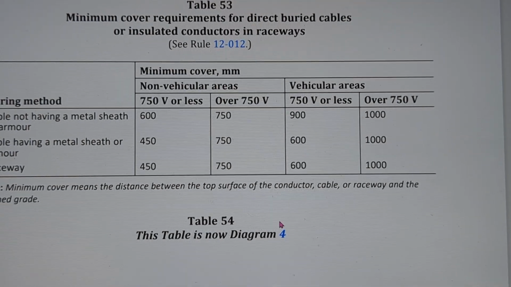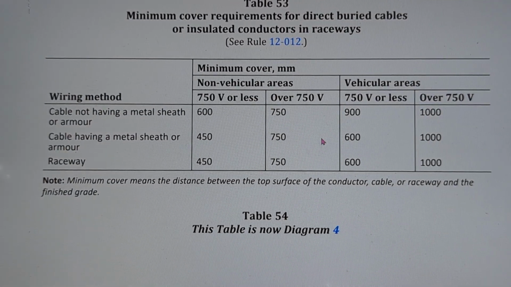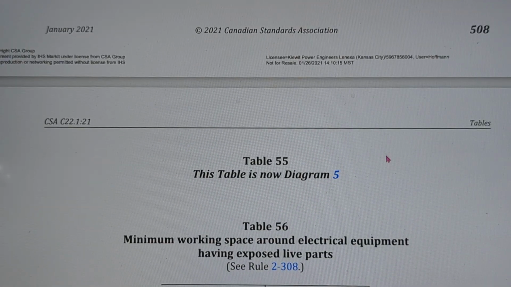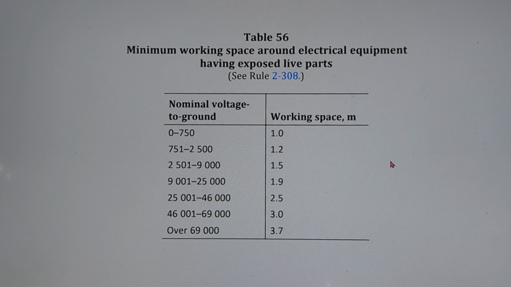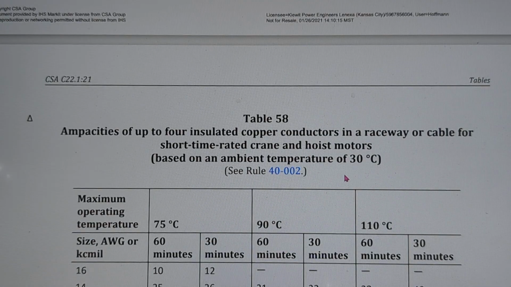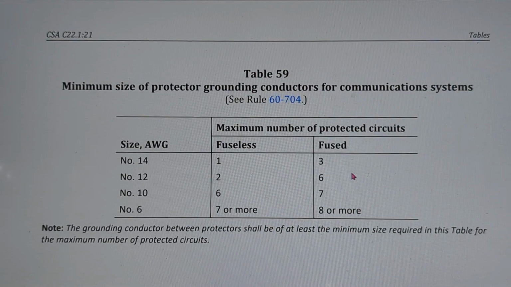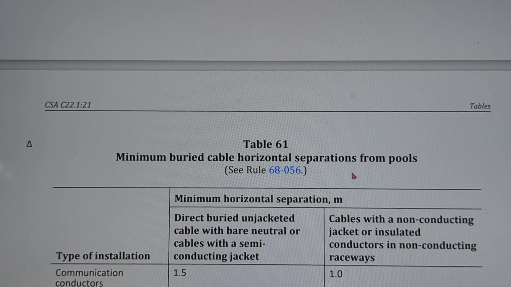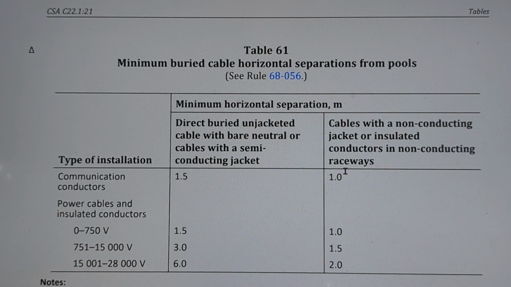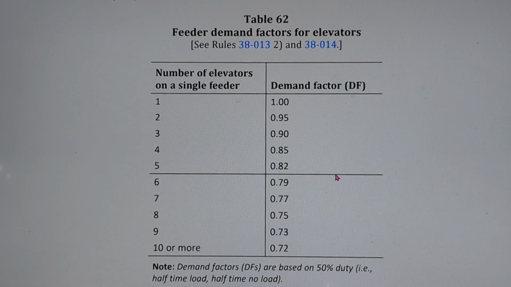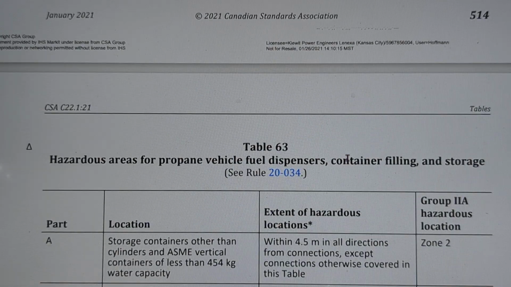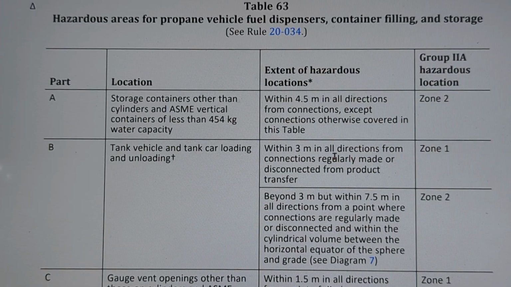Chapter 53, one question is a must. Chapter 56, one question is a must. Then move on to table 61, one question is a must. Table 63, this is very important.